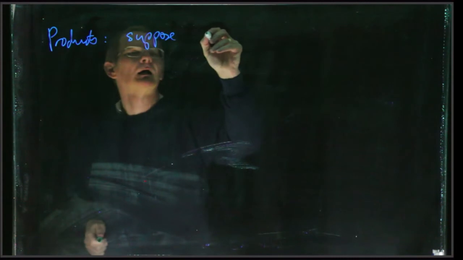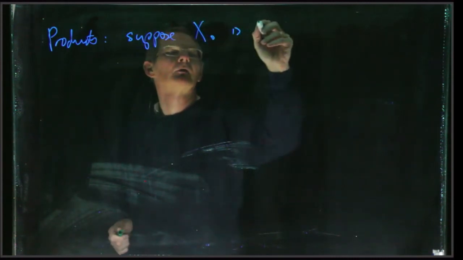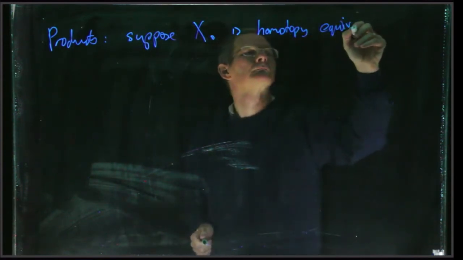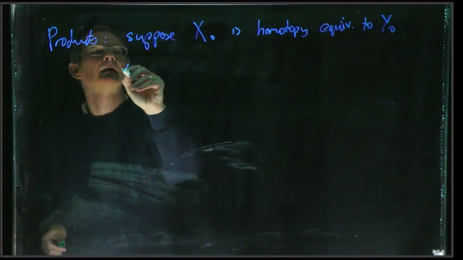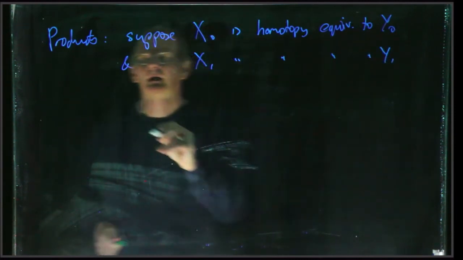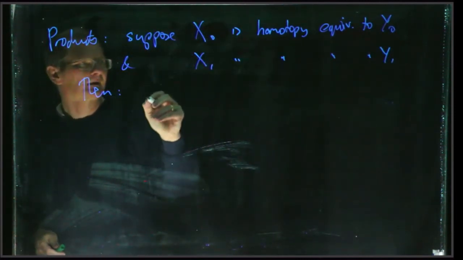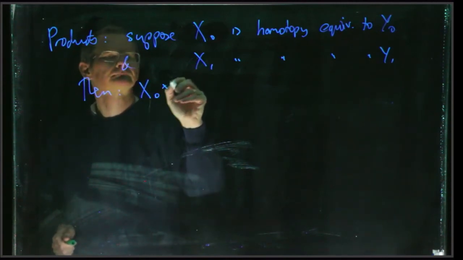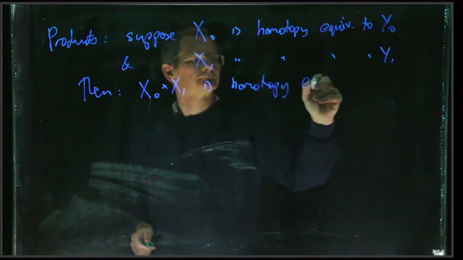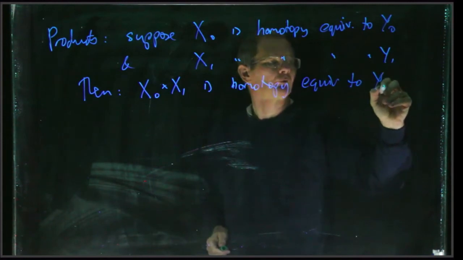Just one more thing, we want to talk about compatibility with products. Let's suppose that X0 is homotopy equivalent to Y0, and X1 is homotopy equivalent to Y1. Then the claim is that X0 cross X1 is homotopy equivalent to Y0 cross Y1.